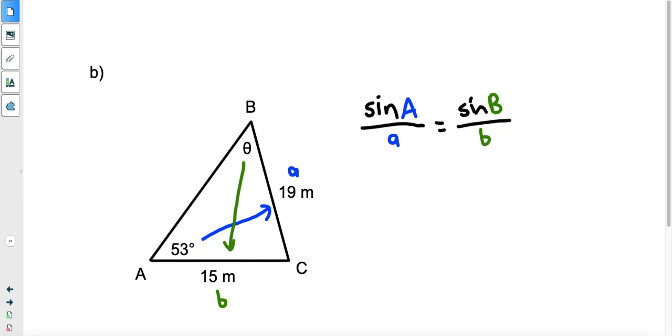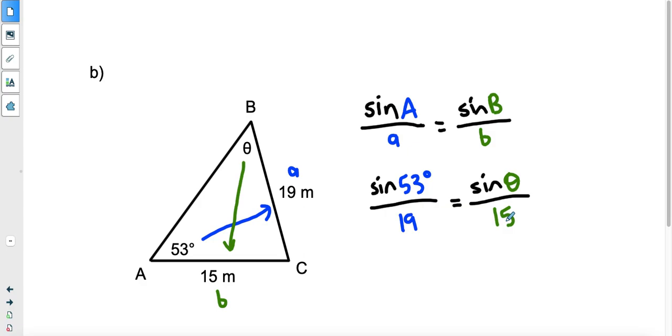Let's plug everything in. I know my angle A is 53 degrees. Side a is 19 meters. Angle B here is what we're trying to find. We don't know what it is. And side b here is 15 meters. We're looking for the missing angle here.